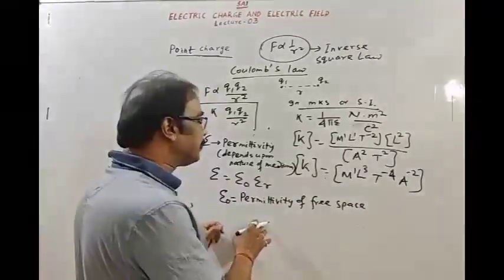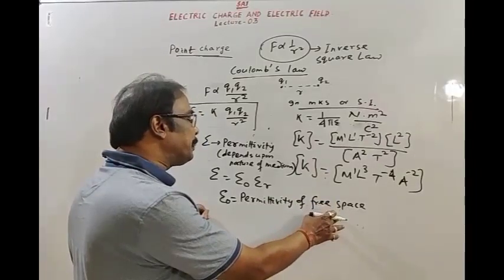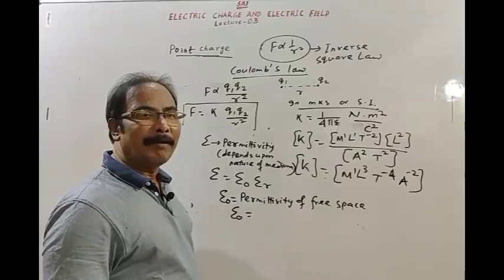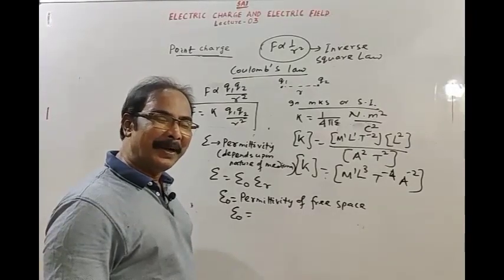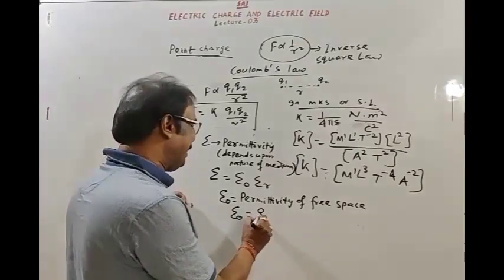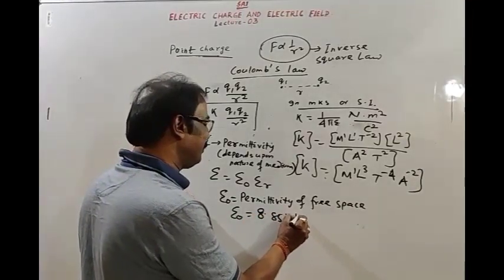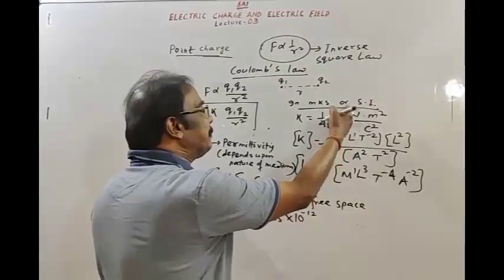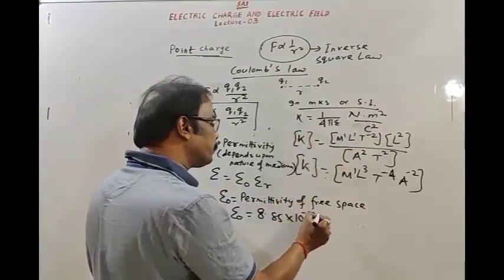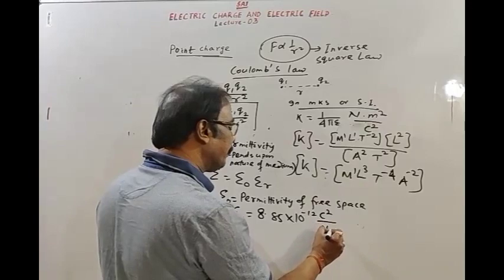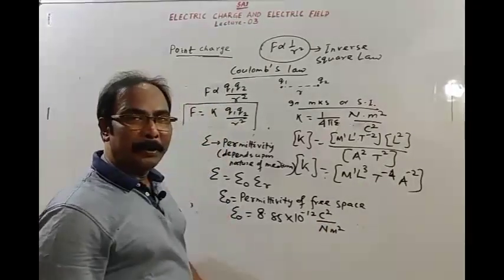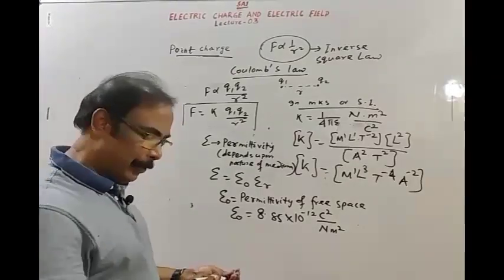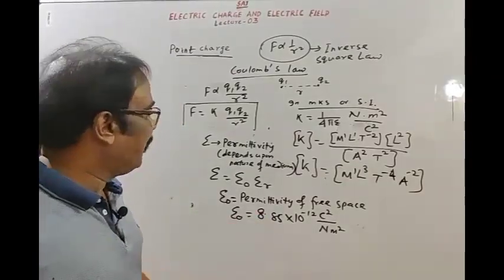The magnitude of epsilon naught is a constant that we have to remember: 8.85 into 10 to the power minus 12. Its units are just the reciprocal of the units of the constant of proportionality: Coulomb square divided by Newton meter square. This is about epsilon naught, the permittivity of free space.